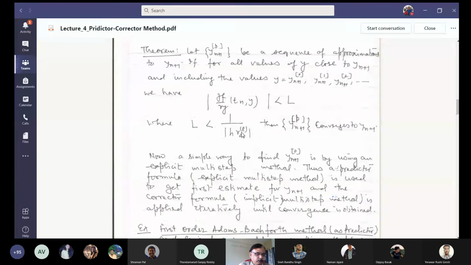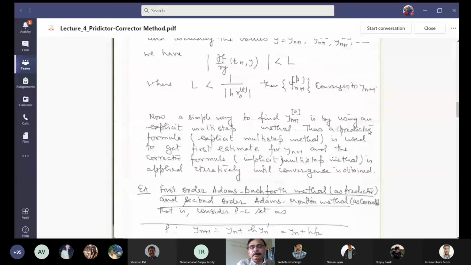Fine. So you apply this theorem. If this happens, then the sequence y_{n+1}^{(p)} converges to y_{n+1} for sufficiently large p, right? Now, if you apply this theorem to the problem which we have just discussed, can you tell me what will be the condition?